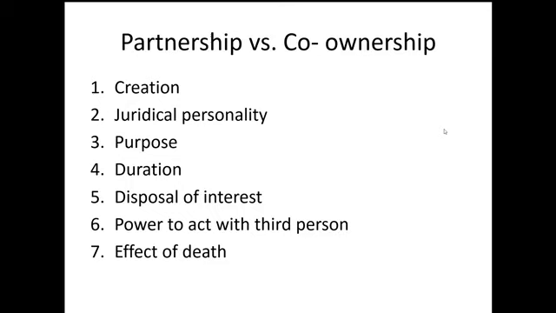Unlike in case of co-ownership, it can either be created by agreement or it can be created by operation of law. Like for instance, A and B agree to buy a parcel of land by contributing 500,000 each for their common enjoyment.